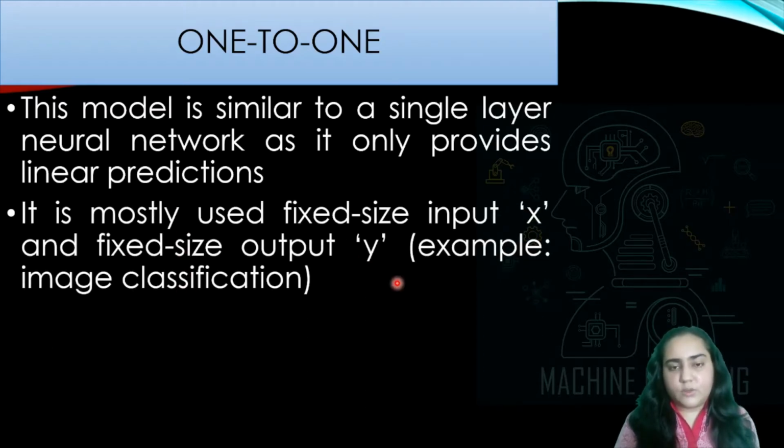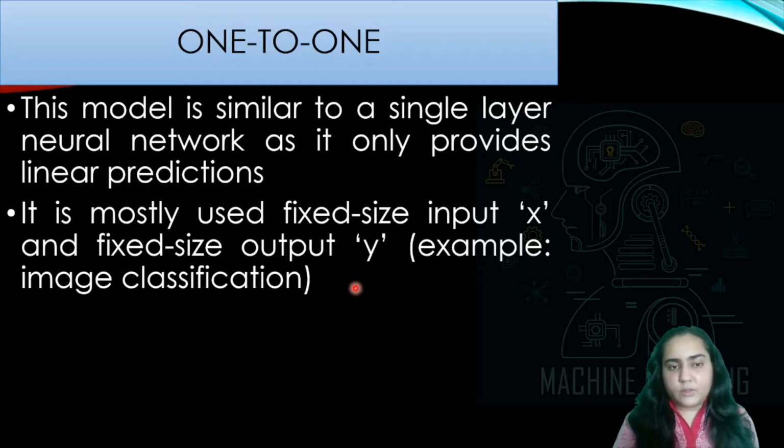And it mostly uses fixed size input X and fixed size output Y, because there's only one layer. So if you were processing sentences, then you would have to use sentences with one word. So you could just process words, not a full sentence.